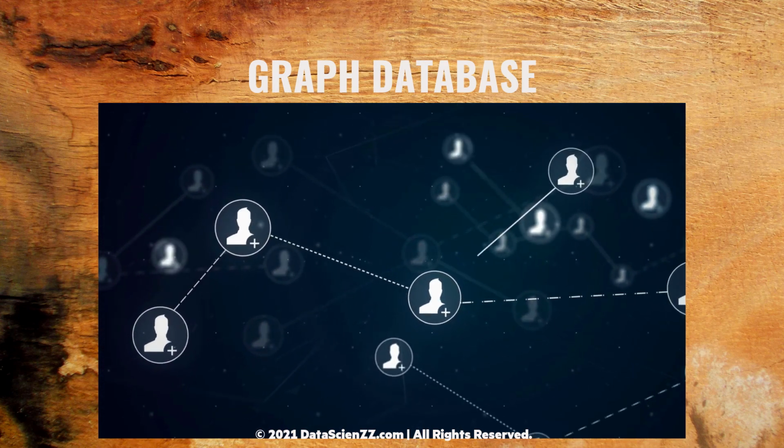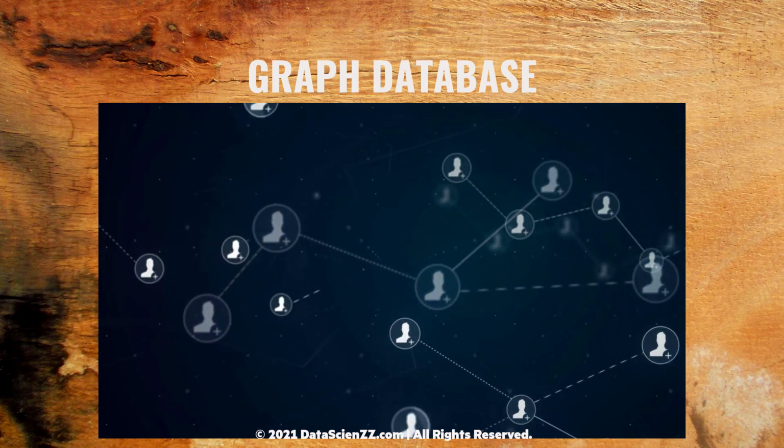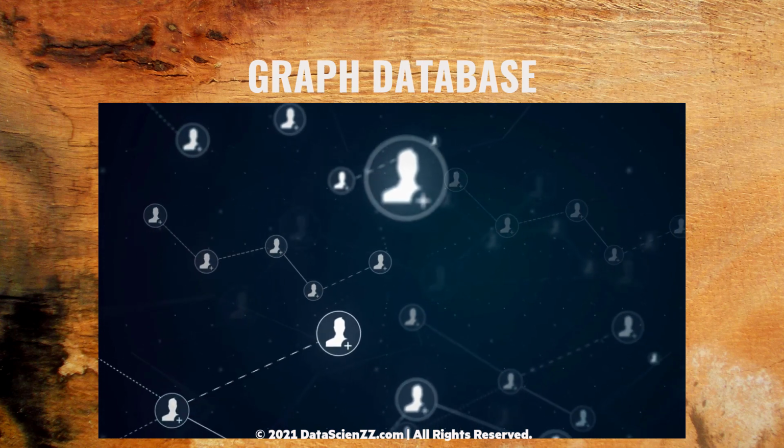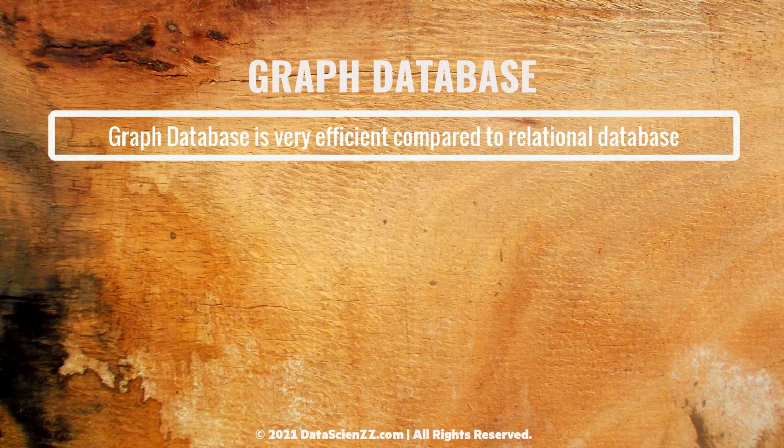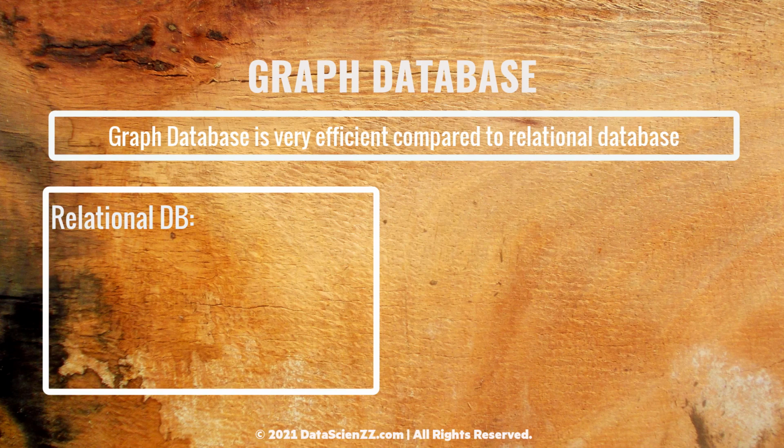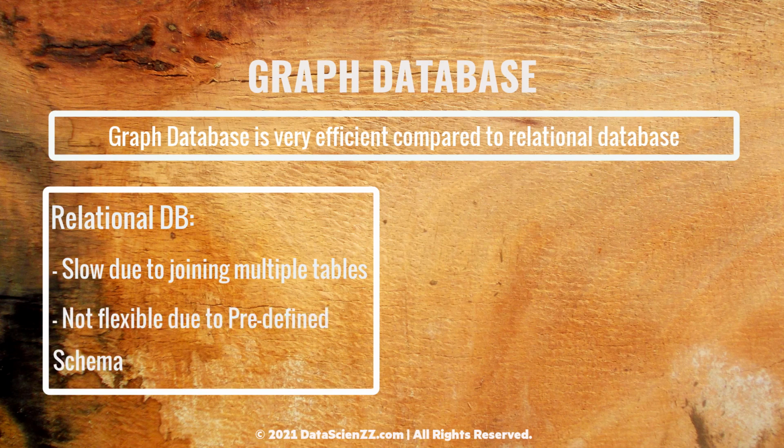There are several advantages of a graph database compared to a relational database. A relational database is very slow when it comes to searching for information, joining multiple tables with keys. Also, a predefined schema makes any modification difficult during development.